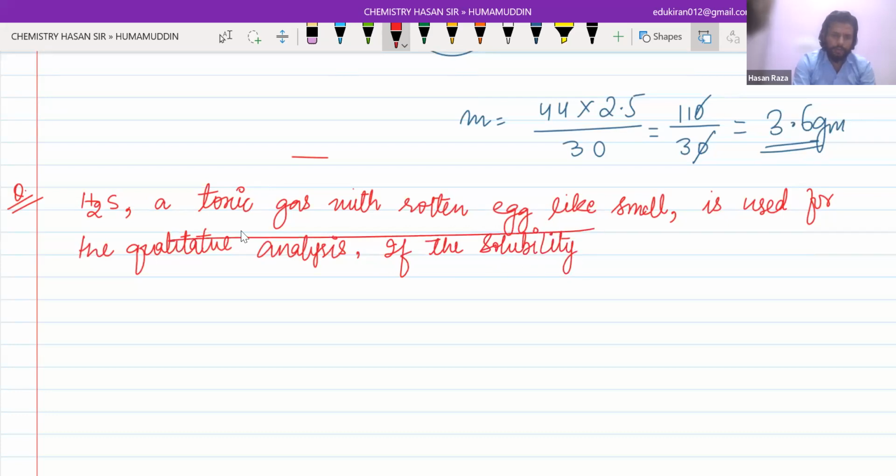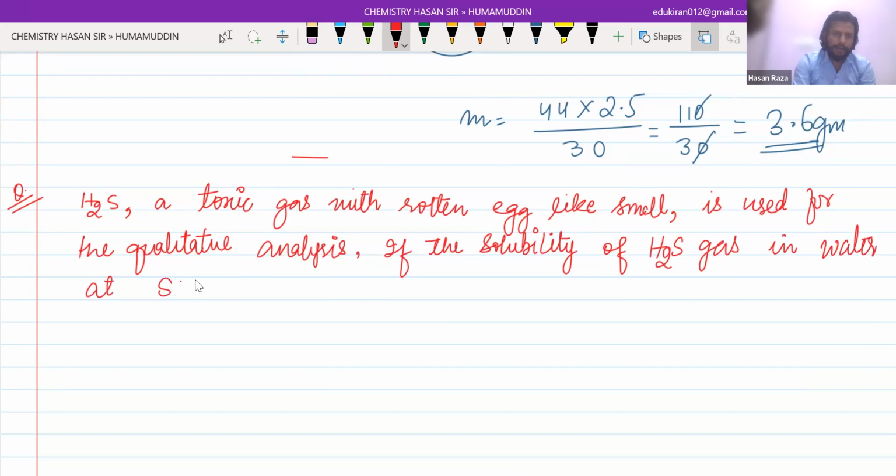If the solubility of H2S gas in water at STP is 0.195 m, calculate Henry's law constant.